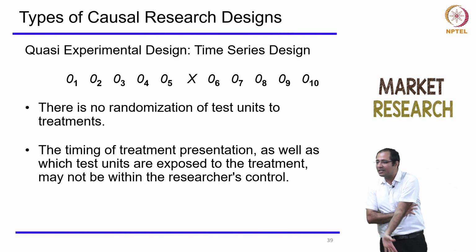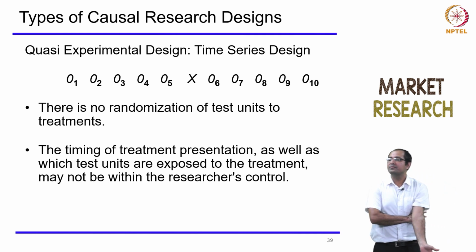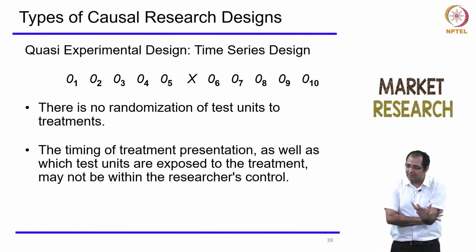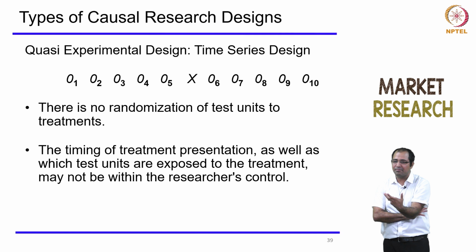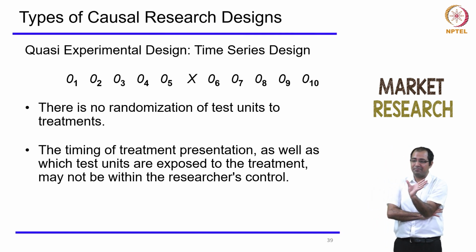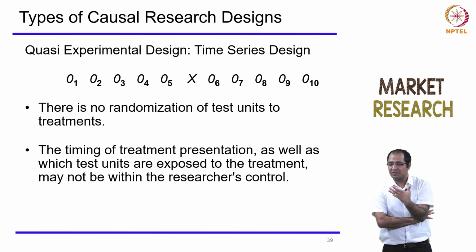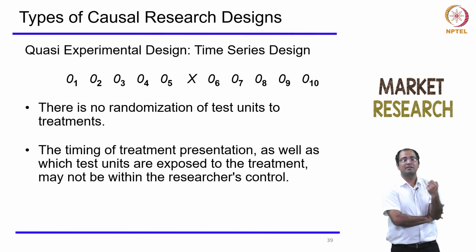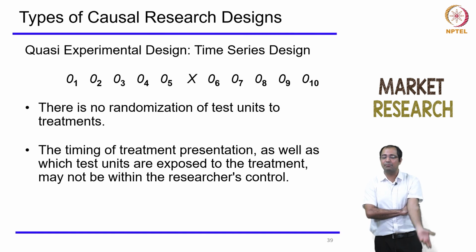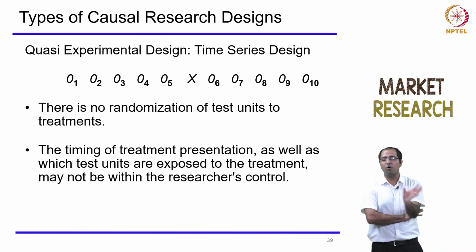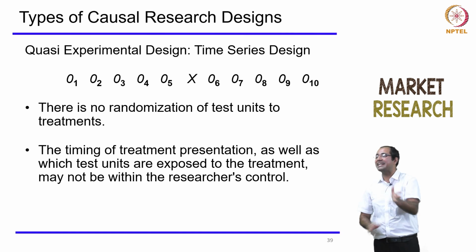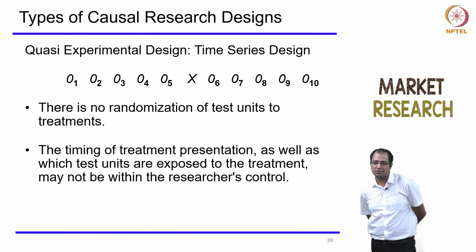What is in your control in a quasi-experiment? Who the test units are, and when you take the observation. Neither is randomization possible. So what is possible is on whom the treatments will be given and when you will take the observation. These two are under your control.